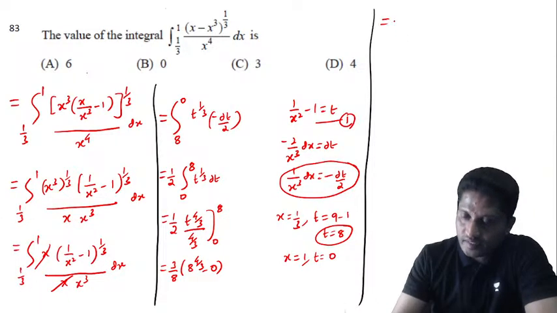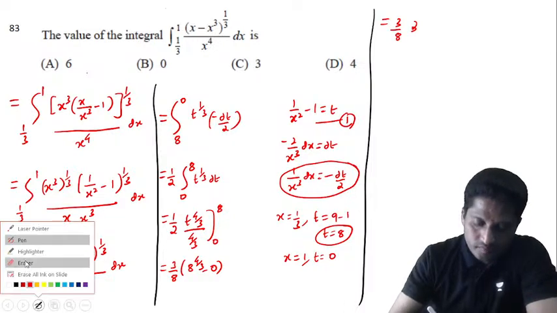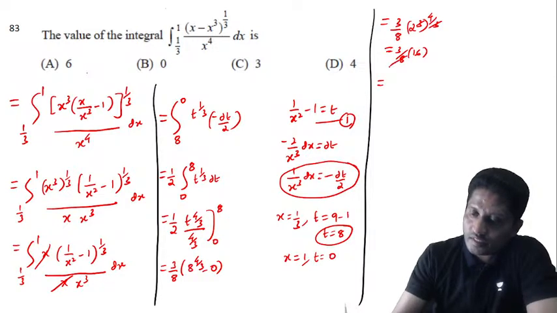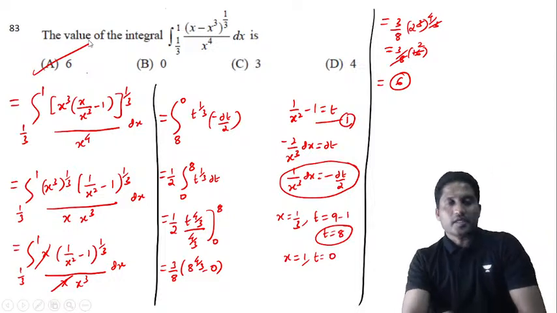This is 3 by 8 into 2 cube whole to the power of 4 by 3. This is 3 by 8, 2 power 4, 16. This will cancel 2 times. Answer is 6. Answer is option A.